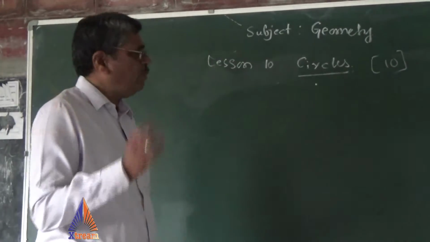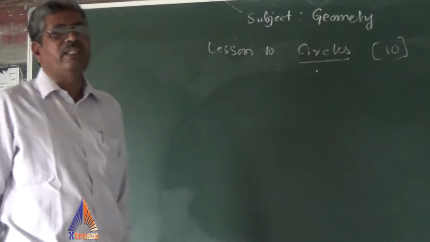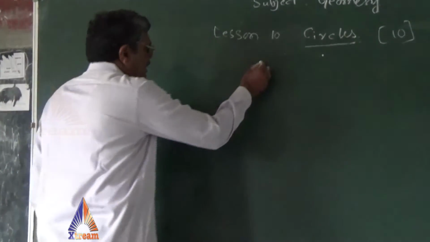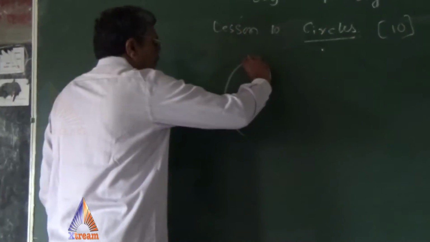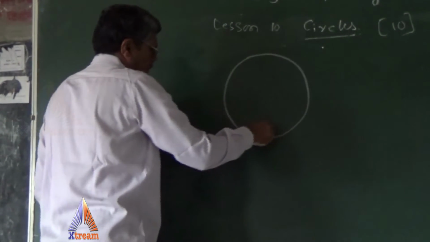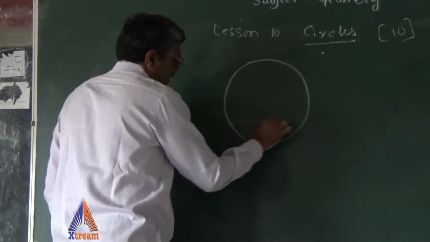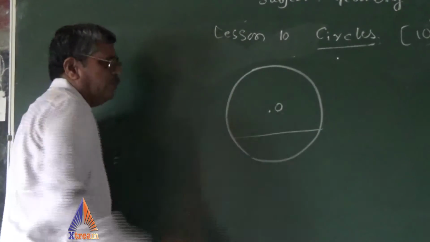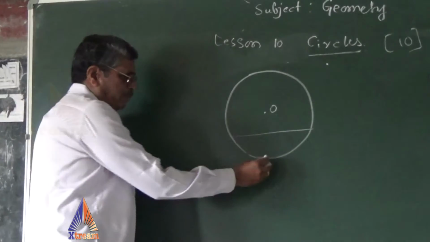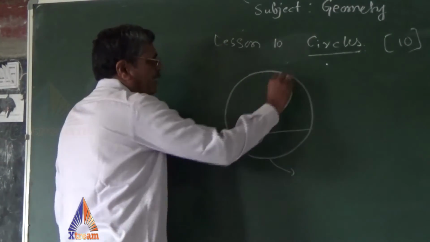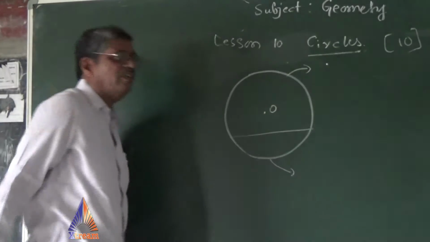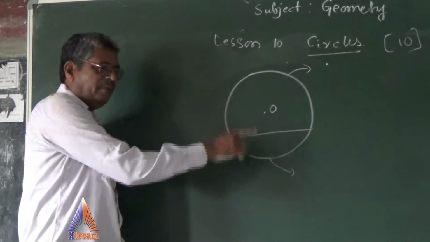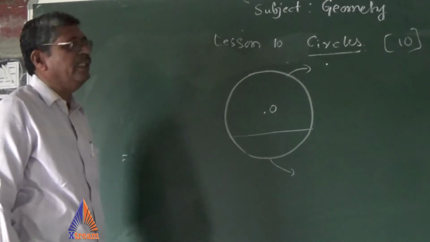Next, another property of the chord is that a chord divides the circle into two unequal parts. You can see this is a circle, and this chord divides it into two parts. The smaller portion is called the minor part, and the bigger portion is called the major part.